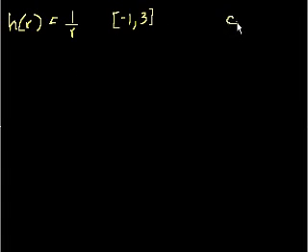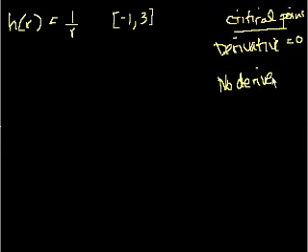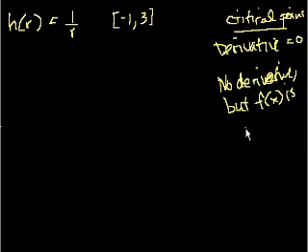So in order to get a critical point, and this is a bit of a technicality, the easy one is derivative equals 0. The other critical point, and I was a little bit non-rigorous with it when I said it before, is when there's no derivative, but f of x is defined.